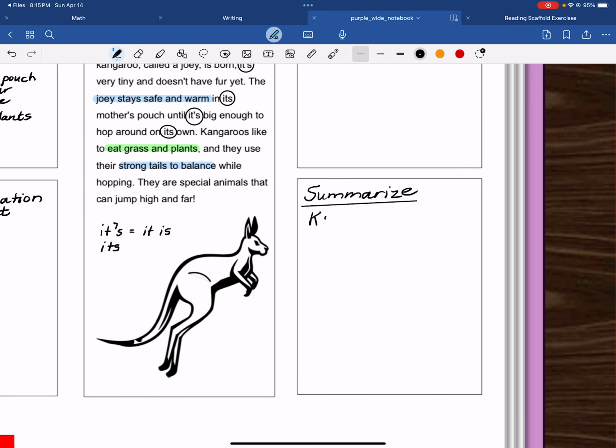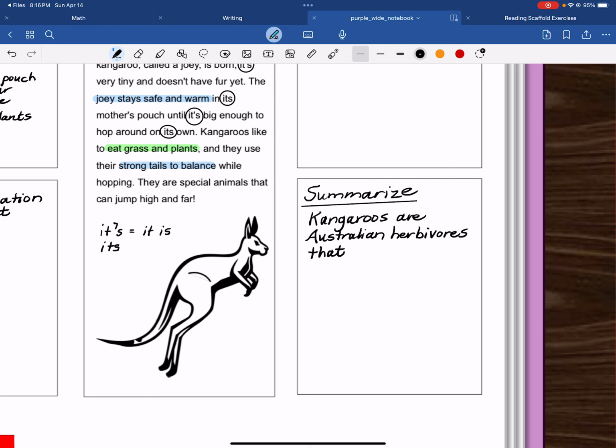So let's see. Kangaroos are Australian herbivores who or what or that. They're not people, so we wouldn't use who. I'm going to use that.